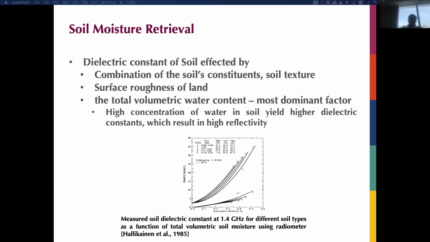With this evidence, in this project we will measure the dielectric constant first, and then using this dielectric constant, we will convert from the dielectric constant to the soil moisture.